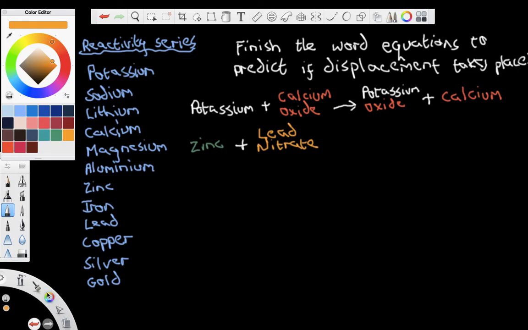So you should have had a go at that by now. You should have a different coloured pen to change your answers if you need to, mark it. Remember, we always draw an arrow. Zinc is more reactive than lead, so this time we would have zinc nitrate plus lead.